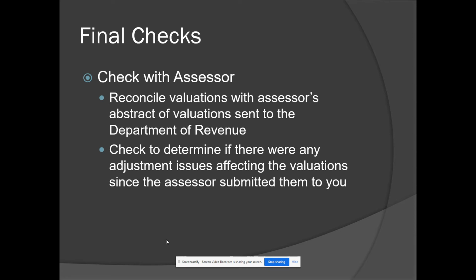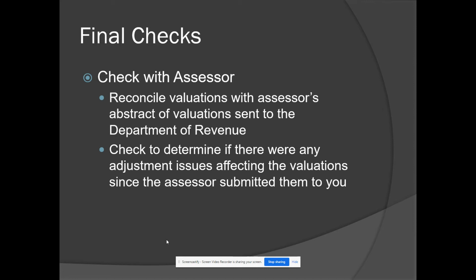Additional final checks: be sure to check with your assessor and reconcile valuations with the assessor's abstract that they send to Department of Revenue. Understand what the differences are between the assessor's numbers and yours. There very well may be differences due to corrections or other sorts of modifications during that time frame, but be sure that you understand what those differences are.